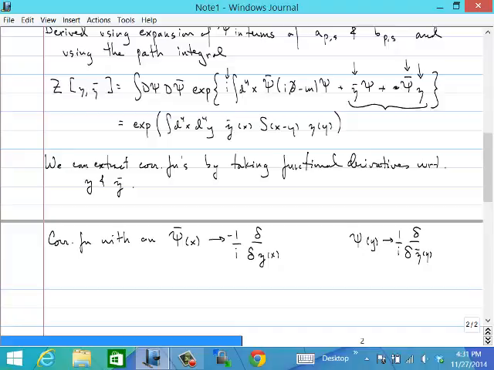Any disconnected diagram can be written as a product of connected diagrams. And remember, last time we worked out all of the symmetry factors and showed that if you just exponentiate the sum over all connected diagrams, you get the set of all disconnected diagrams. So let's just focus on the connected diagrams for now.